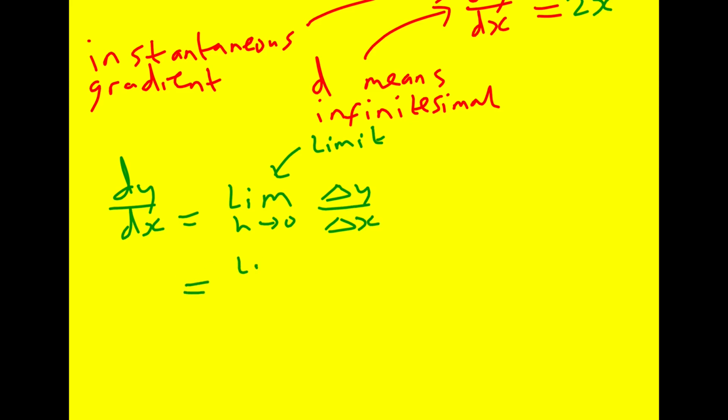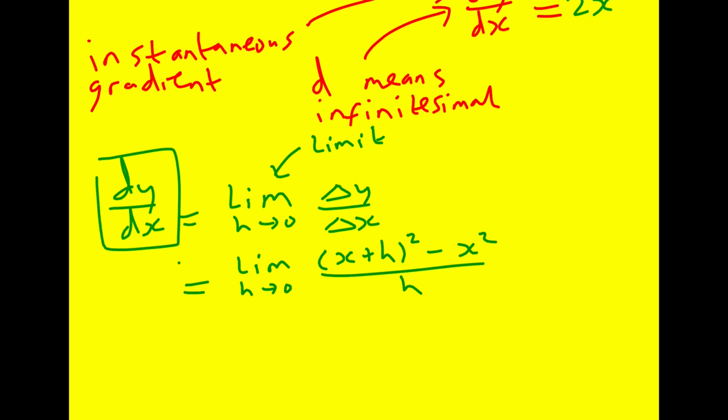But we've actually said what that is. In our case, it was going to be (x plus h) squared minus x squared, over h. I'm just introducing some other notation now. So this is exactly what I've been doing, but I did this without really worrying about it. But I can actually write this formula straight down.